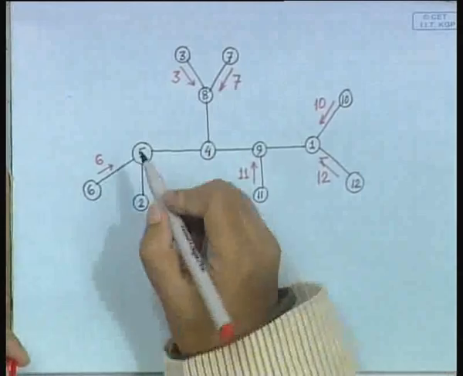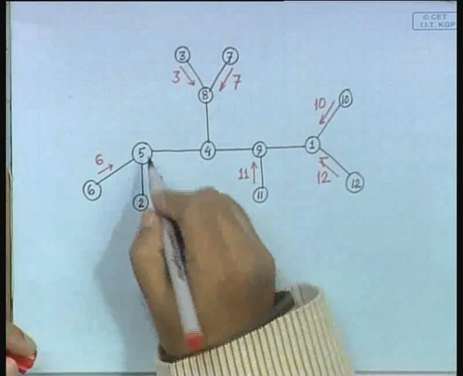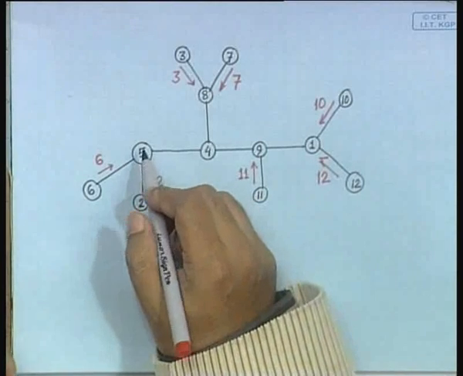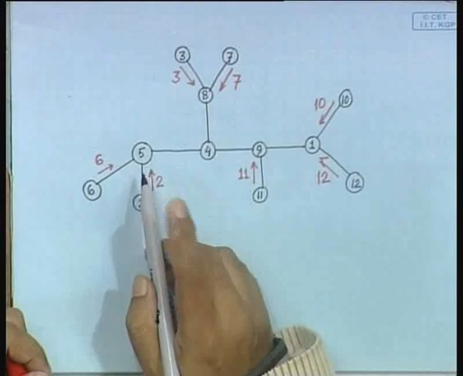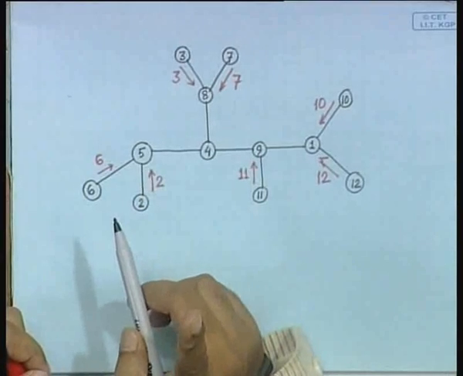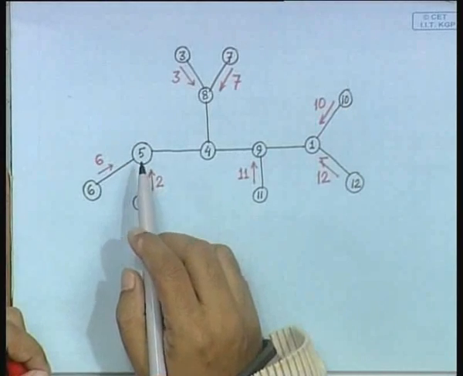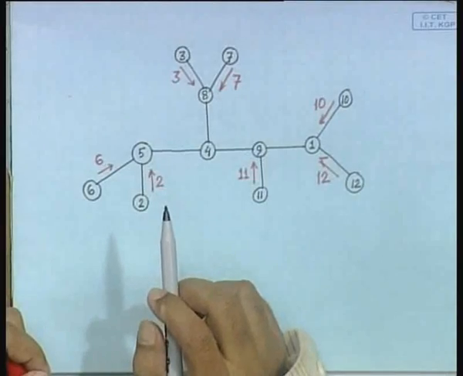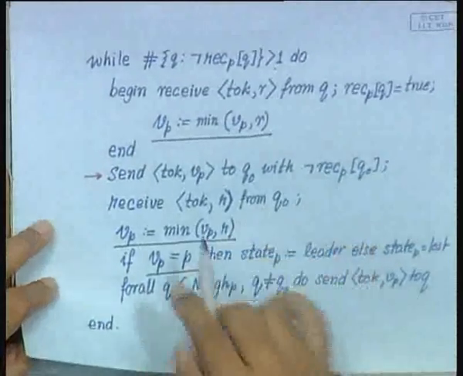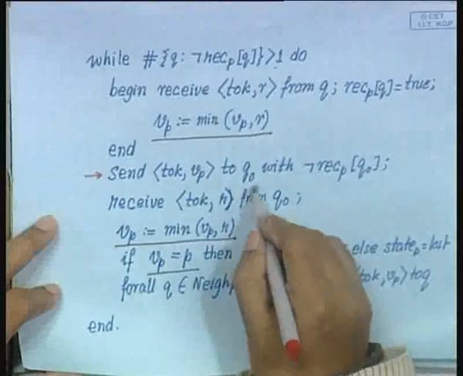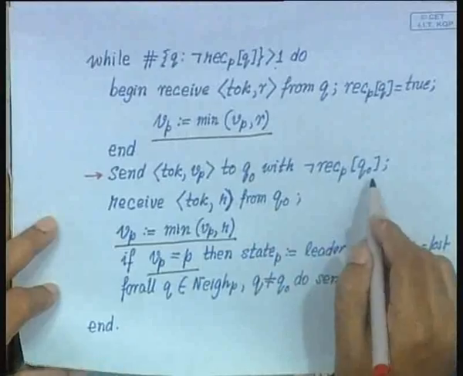So, they are not going to do anything at that point of time. Okay. Now, when 5 gets both 6 and 2, then now 5 satisfies the condition that the number of neighbors from which it has not yet got the token is 1, not greater than 1, right. So, after it has got 6 and 2, at that time 5 can send a token, right. So, let us see what it is going to do. It will send token to the neighbor from which it has not yet got a token.